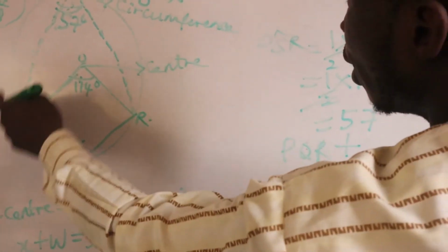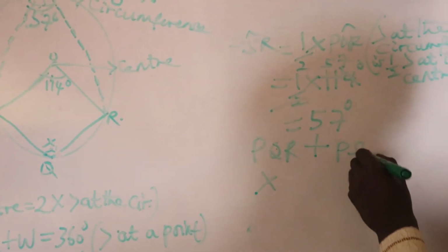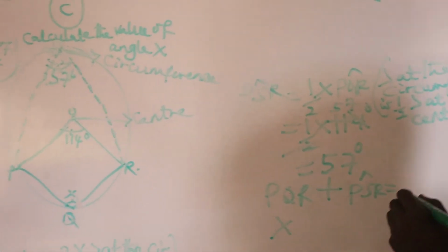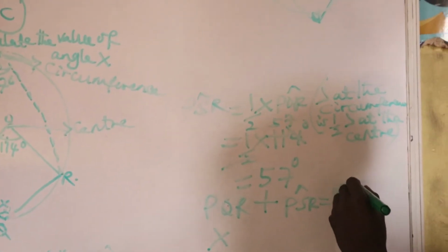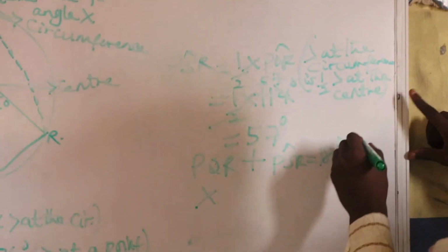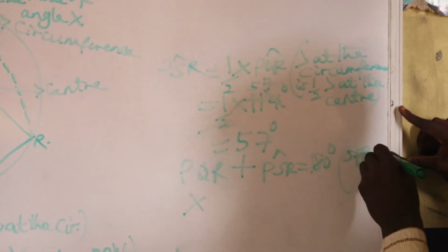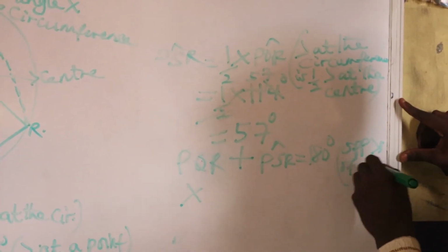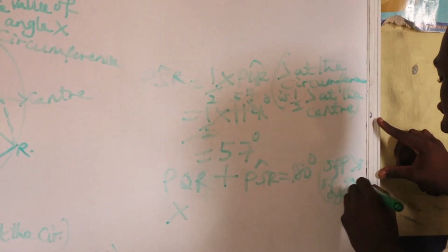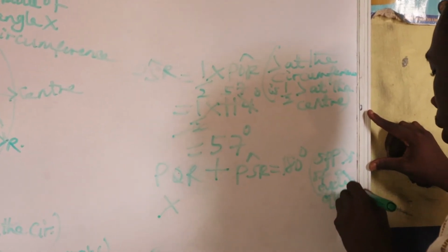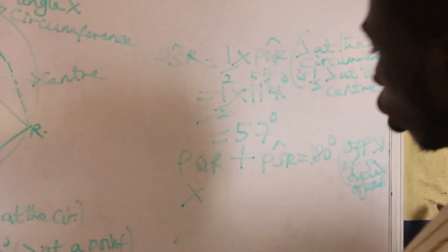To your PSR, you must have 180 degrees. Why? Opposite angles of a cyclic quadrilateral are supplementary.